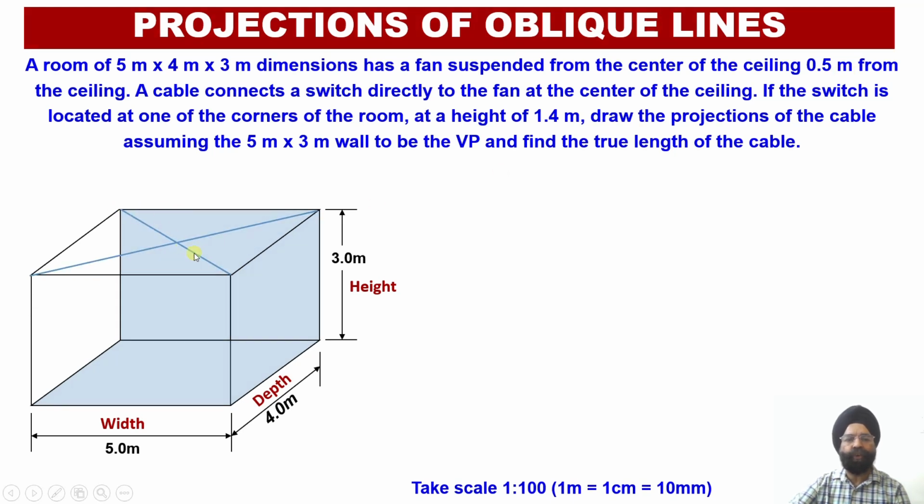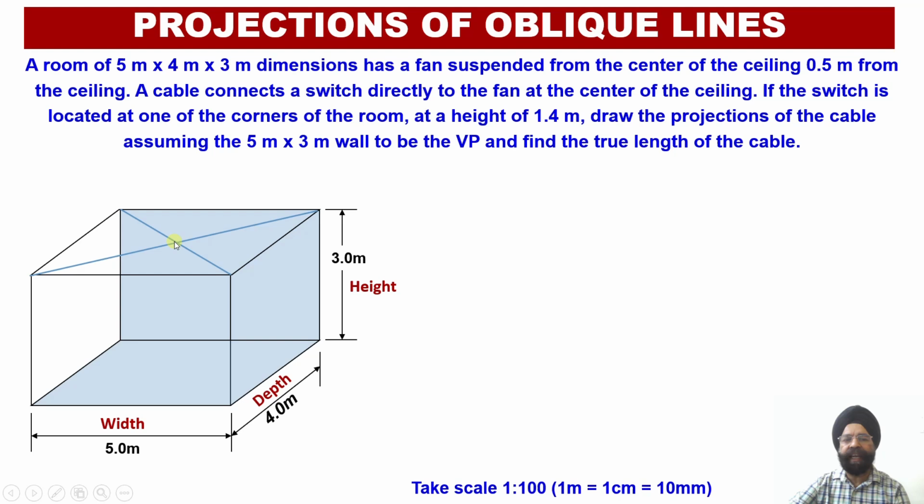So here we need to obtain first of all the center of the ceiling. This is the floor of the room, this is the ceiling of the room, and these are the 4 walls of the room. Now into the ceiling we need to join the 2 diagonals of the ceiling and we will be able to obtain the center point of this particular ceiling of the room.